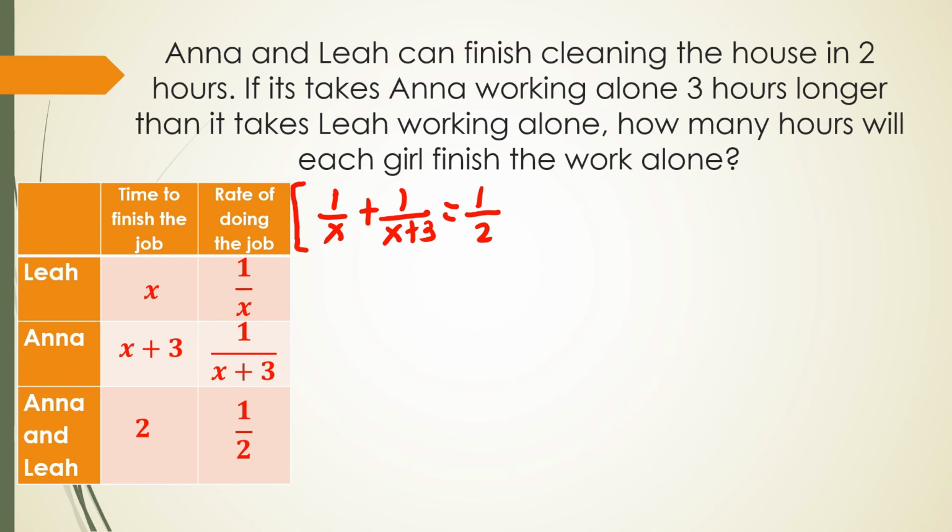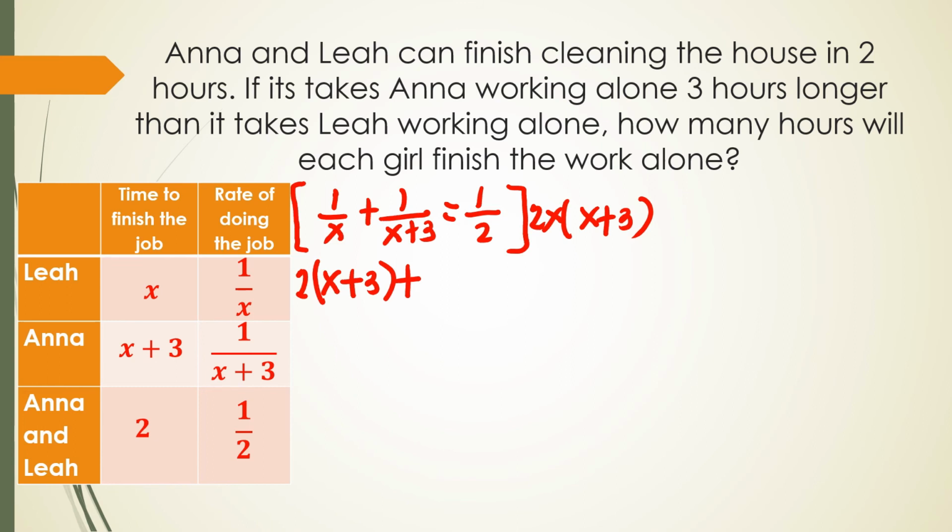So the LCD of this given will be 2x times the quantity x plus 3. Okay, again, LCD divided by the denominator times the numerator. So 2x times the quantity x plus 3 divided by x, ang matitira ay 2 times the quantity x plus 3 times 1, we have 2 times the quantity x plus 3 plus 2x times the quantity x plus 3 divided by x plus 3, ang matitira ay 2x.